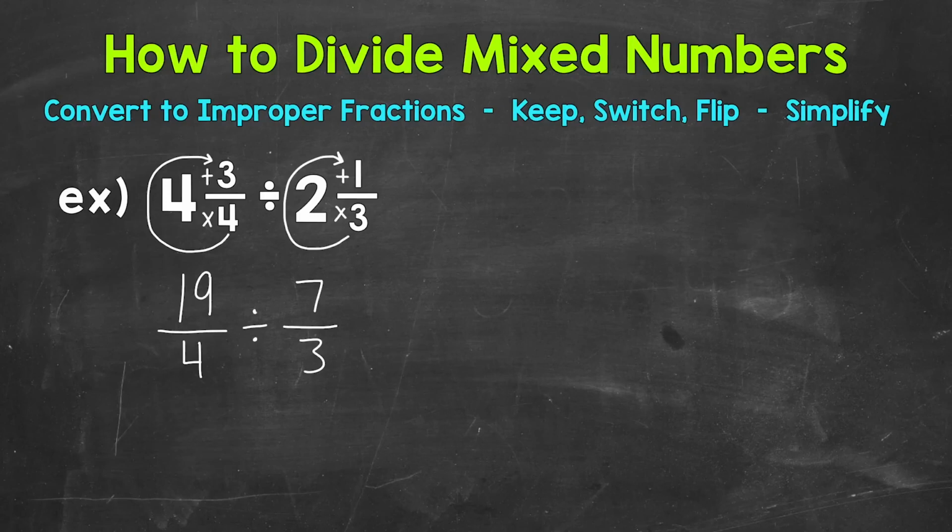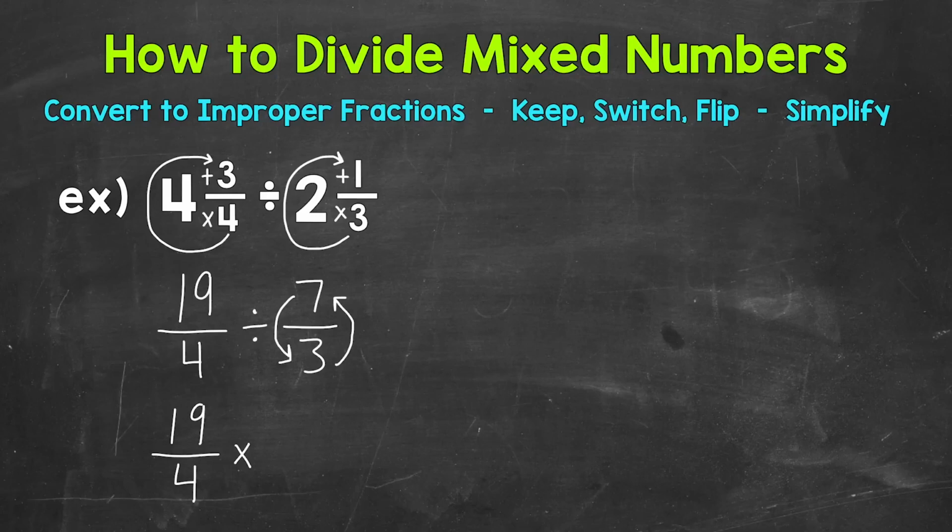So let's keep our first fraction here, our first improper fraction, so 19/4. Then we switch or change our division to multiplication, and then we flip our second fraction, our second improper fraction here. So the denominator becomes the numerator, and the numerator becomes the denominator.